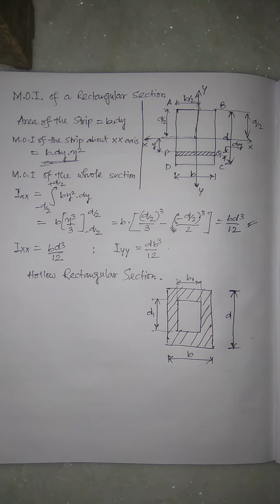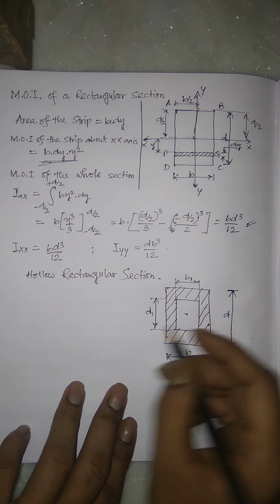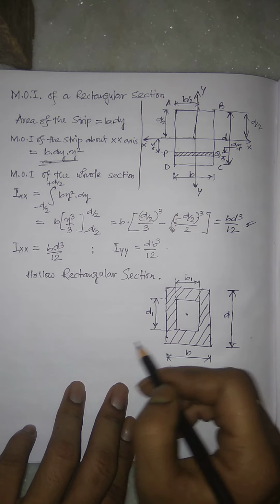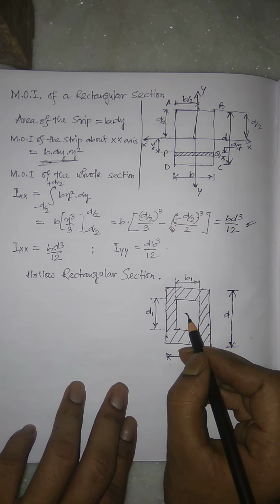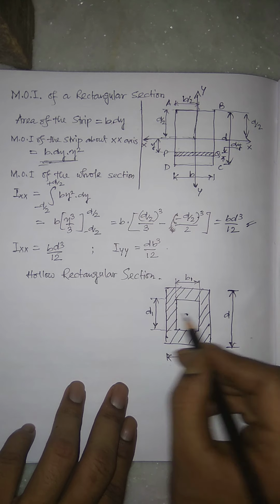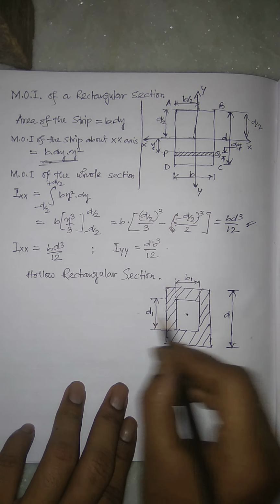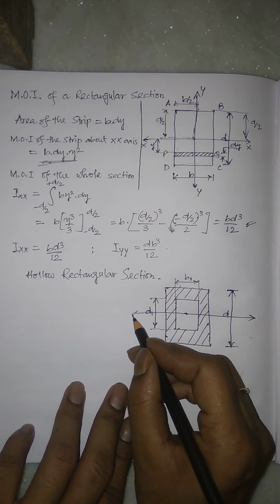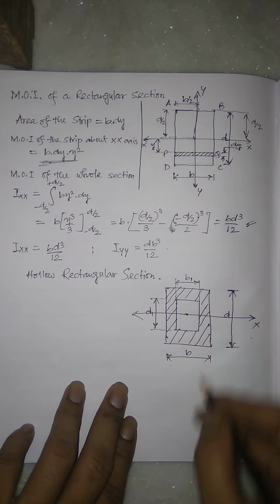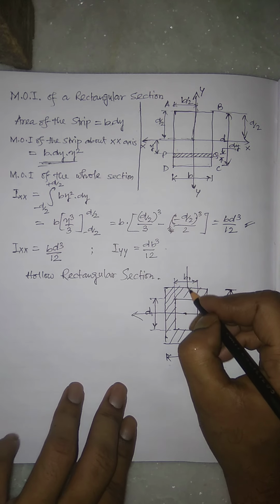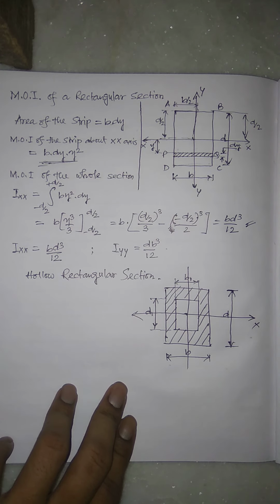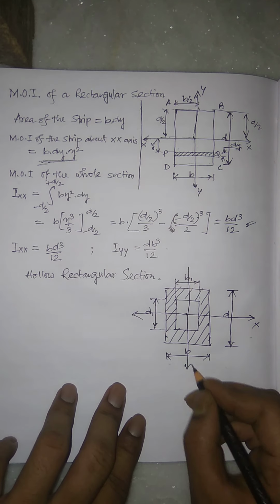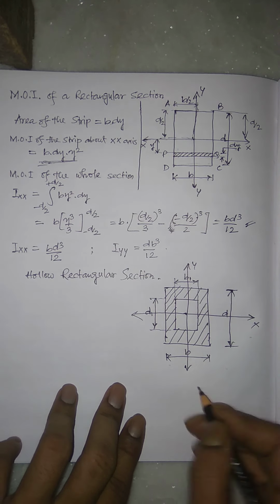Now the CG is here, at a distance of d by 2 from the top or bottom, and at a distance of b by 2 from the left or right side. Through this CG draw an axis parallel to its base, that is the x-axis, and an axis parallel to its side, that is the y-axis.